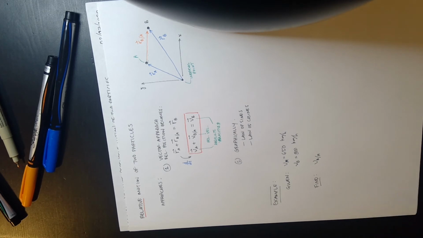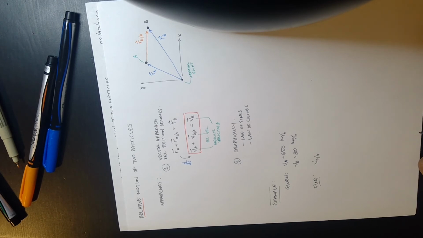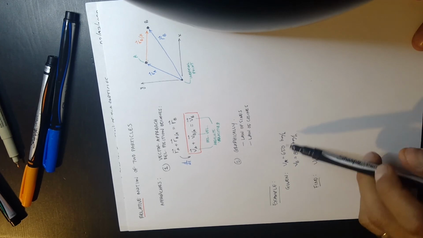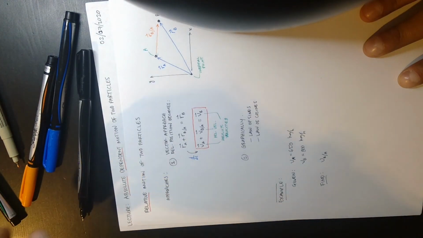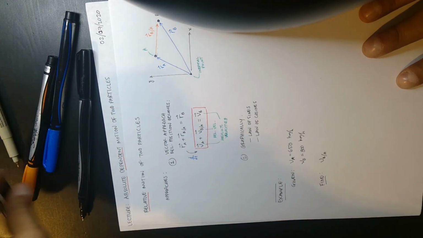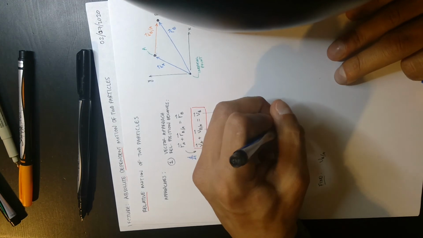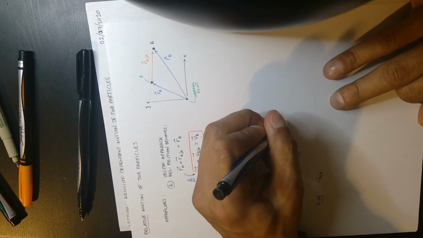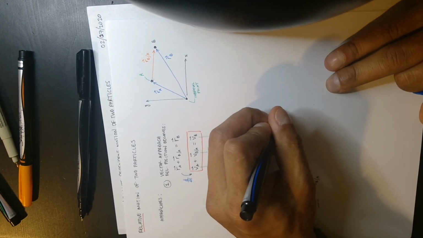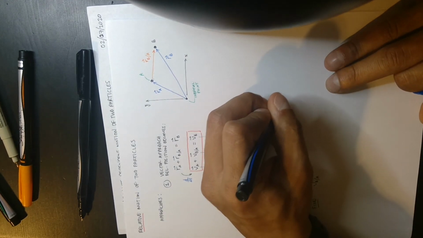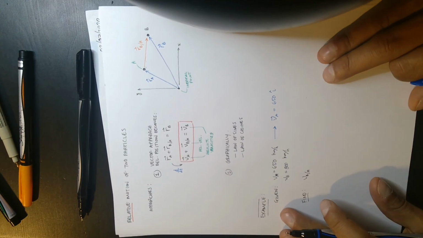Moving on to slide 10, we're going to try to solve this using both approaches that we just discussed, the first one being the vector method. Notice we understand from the figure that the velocity vector VA is positive 650 in the i hat direction, in kilometers per hour.